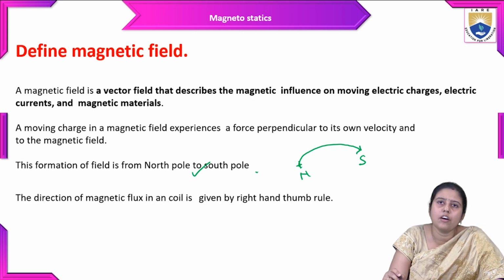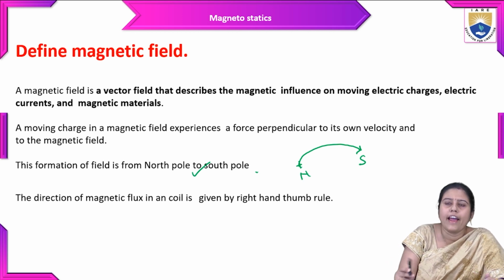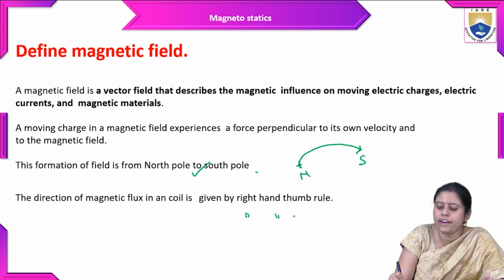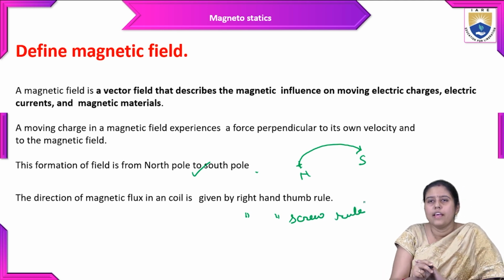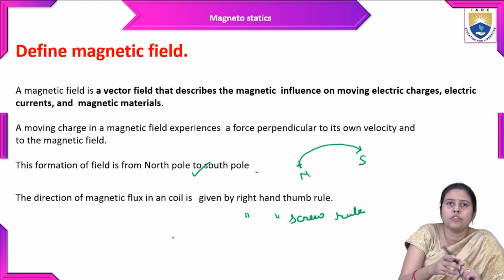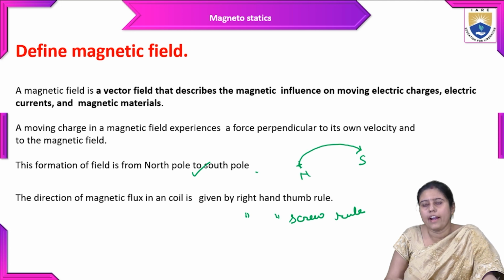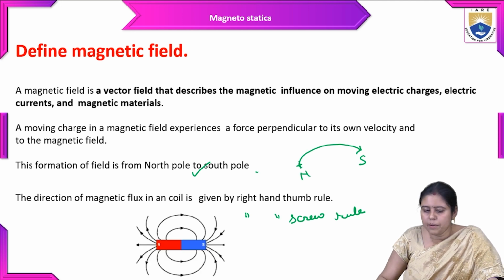The direction of the magnetic flux in a coil always follows the right hand thumb rule, or we can call it the right hand screw rule.